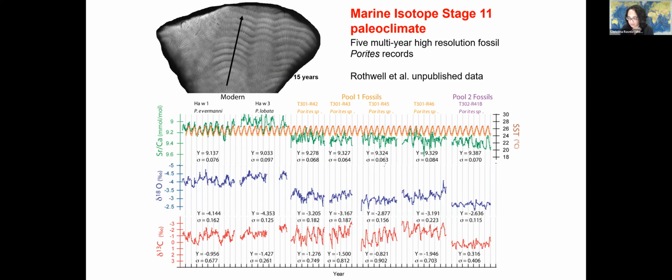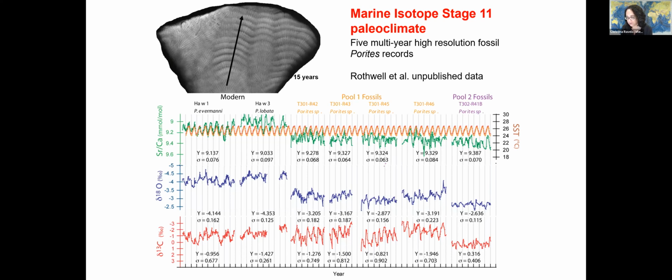So a really crude interpretation of this is that there's a hint that the sea surface temperature may have been different during this particular window within stage 11, and also that these corals are pretty robustly recording variations, very much like the modern samples.